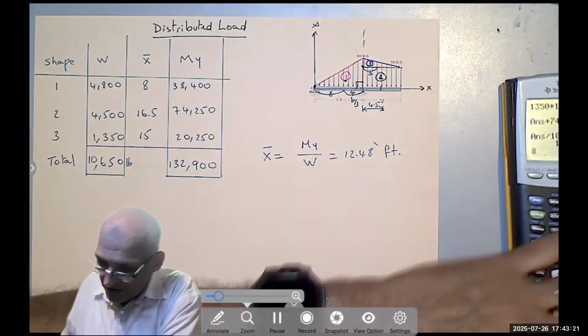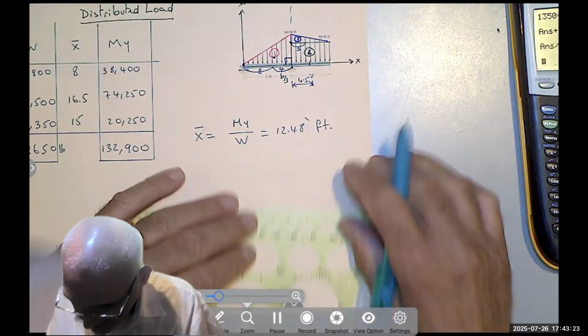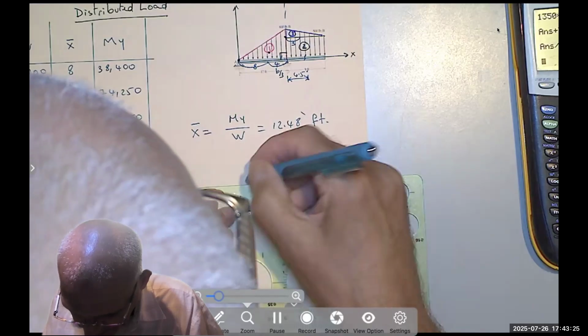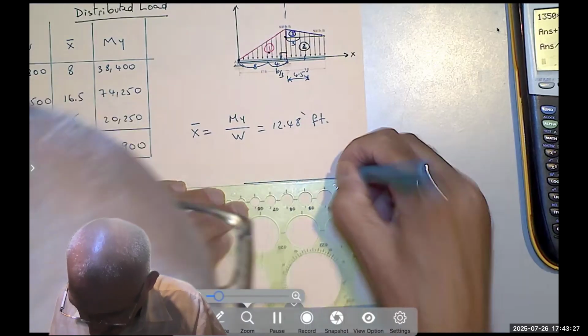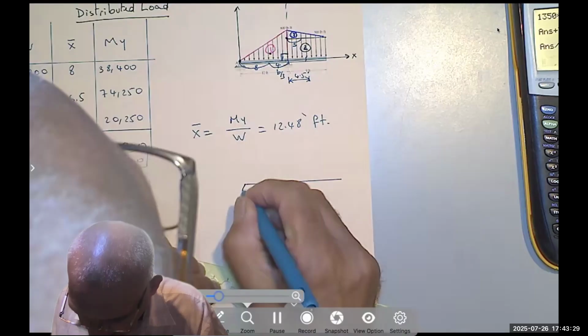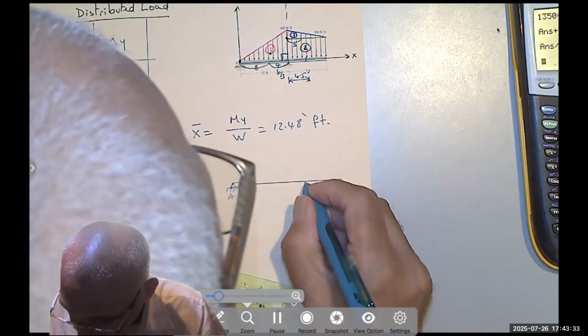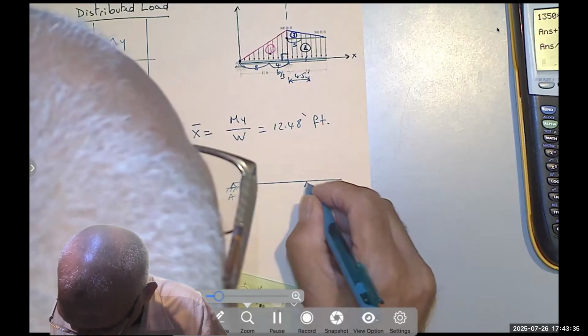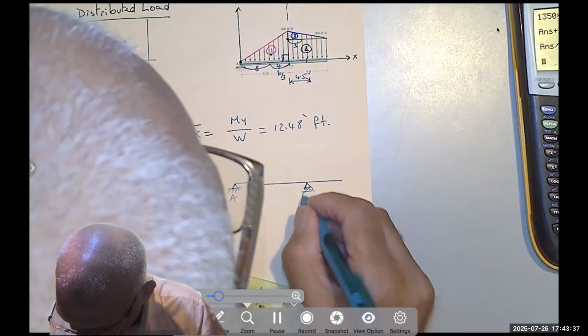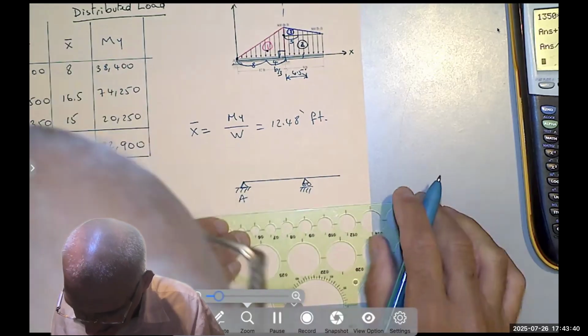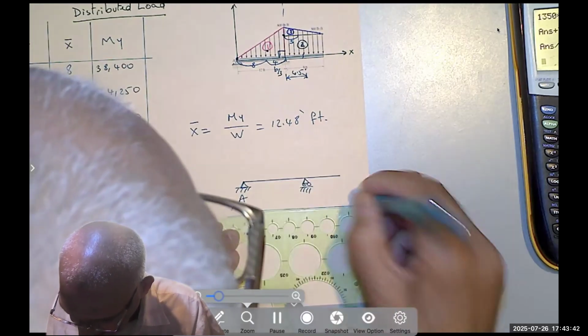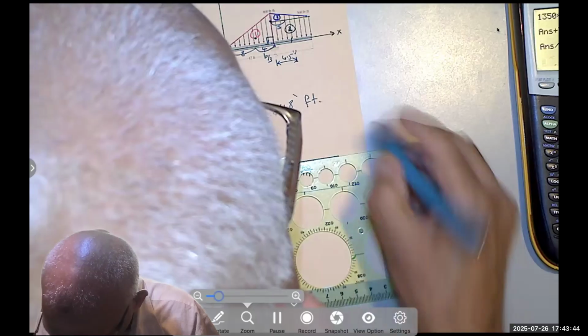So now I'm going to say I have my beam. Here is point A. I have a pin at point A. I have a roller at point B. That distance is 12 and that distance is 9. So let's extend it a little bit.